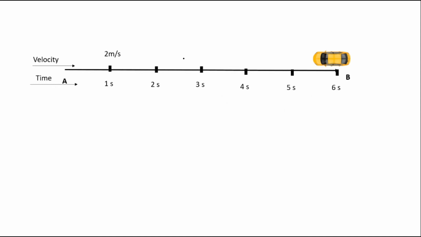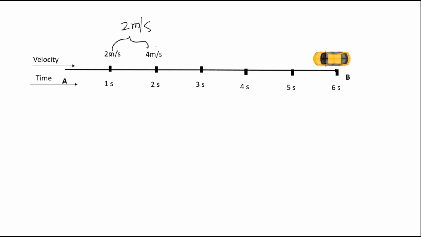Suppose the velocity moves the way it is shown right now on your screen. At the first second, the velocity is 2 meter per second. In the earlier case, it became 3 meter per second, but now it is 4 meter per second here. So what is the change in velocity here? 2 meter per second.